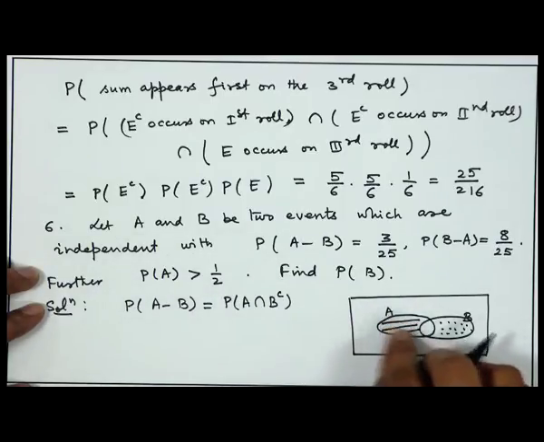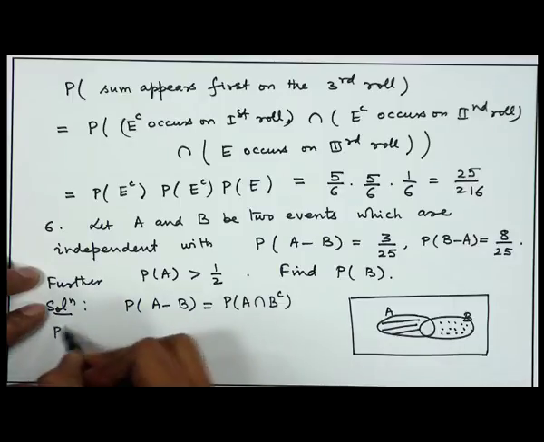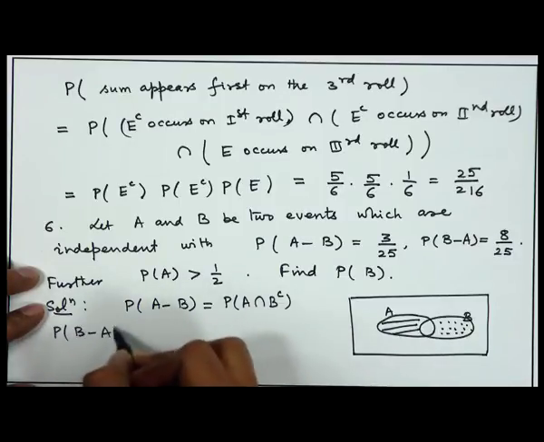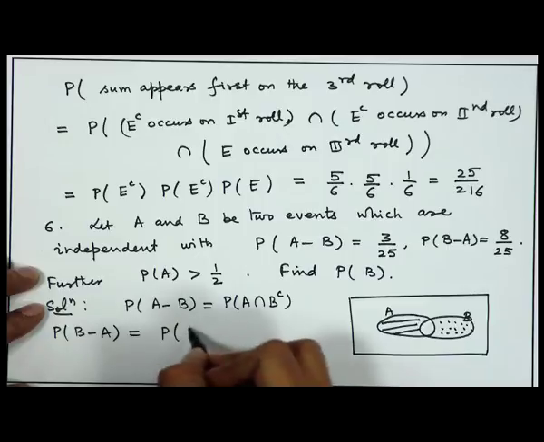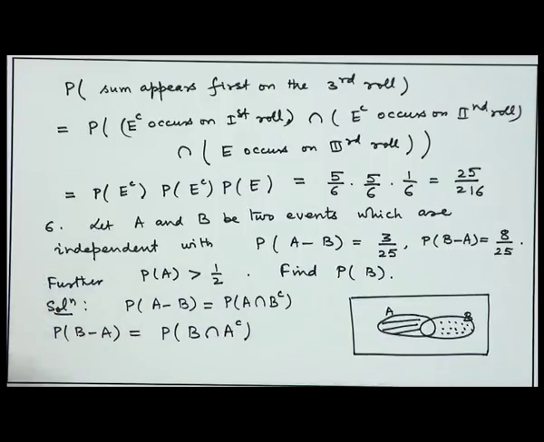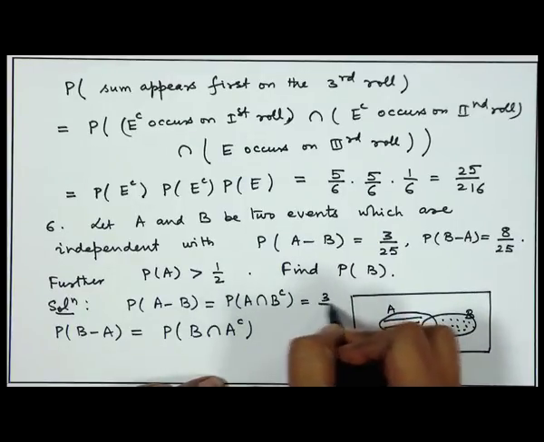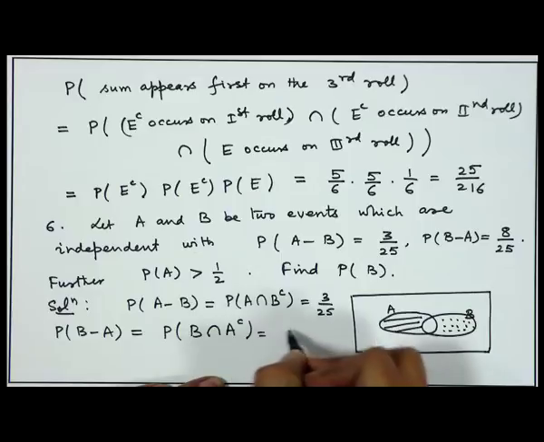If I take B complement here, that is the external set, and taking intersection with A will give me this region. Similarly, B minus A is equal to probability of B intersection A complement. These values are given to us: that is equal to 3 by 25 and this is given to be 8 by 25.